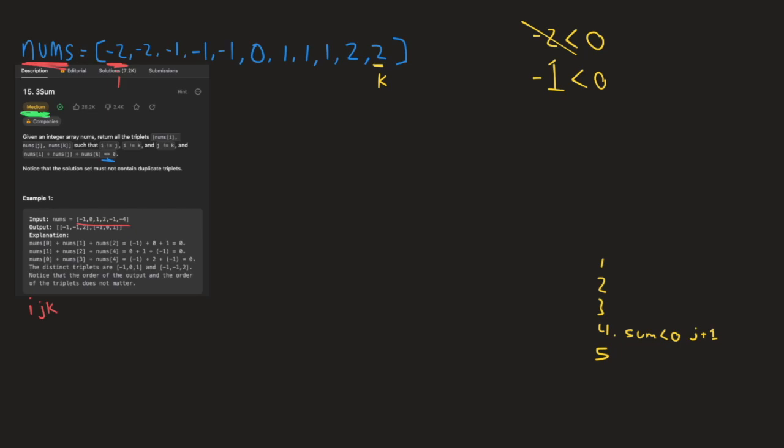I'm not sure exactly where j was. I think it was the first -1. So we continue to increment it, and this gives us the same value. We increment it again until we finally get to 0. So j equals 0.